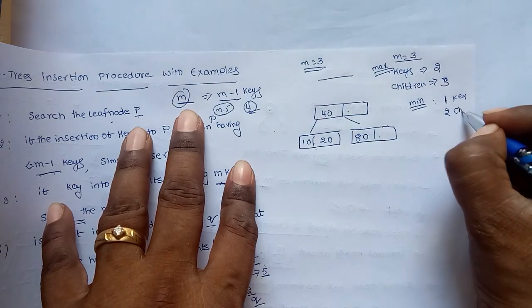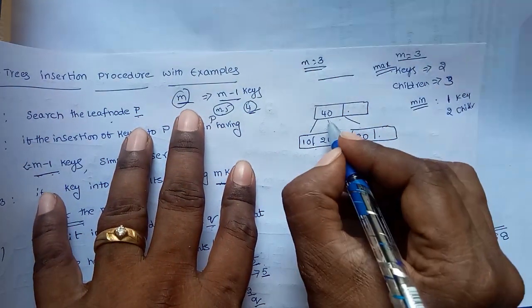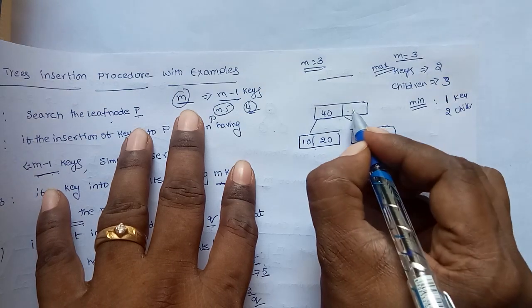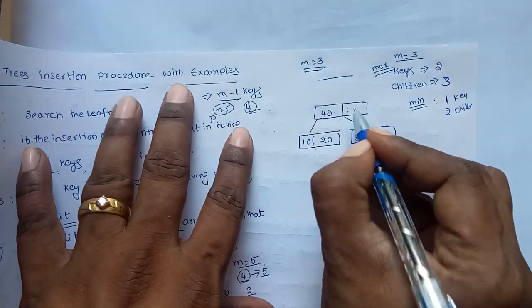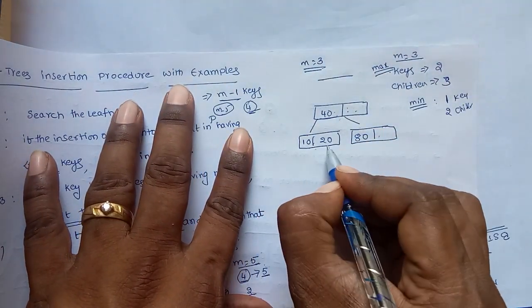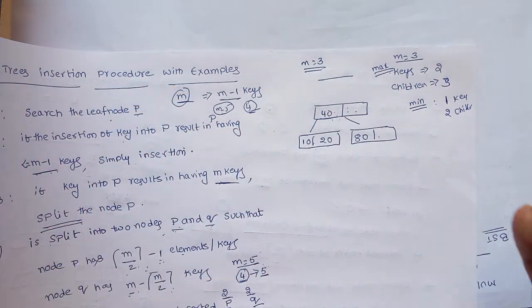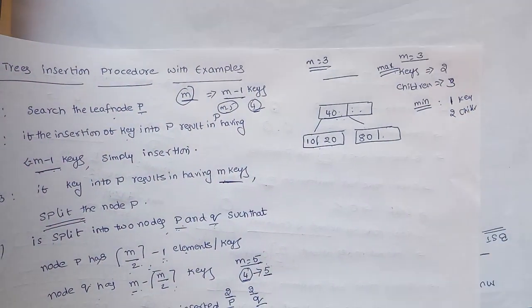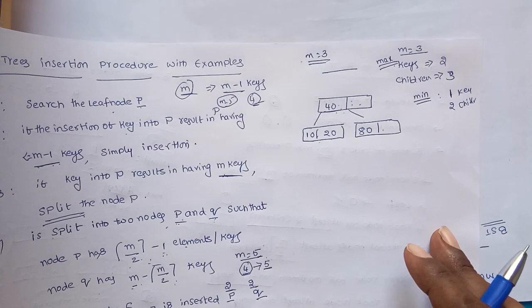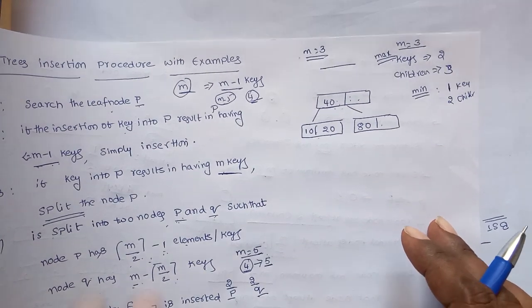Here one box represents the keys. The left child, 10 and 20, is less than 40. The right child, 80, is greater than 40. It is perfectly valid. Now perform the insertion operation.